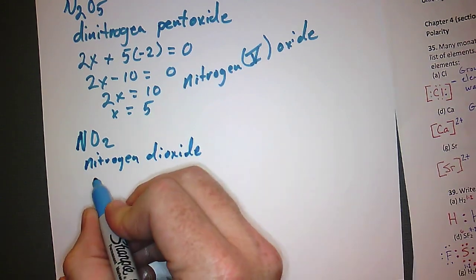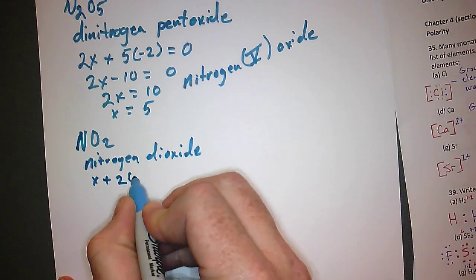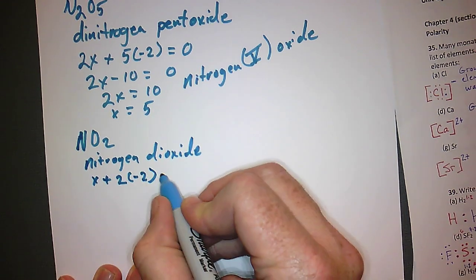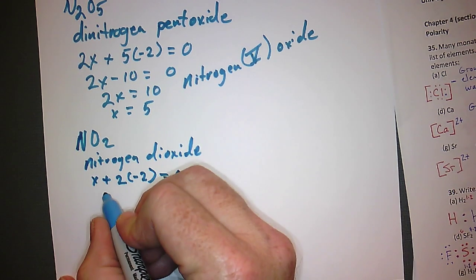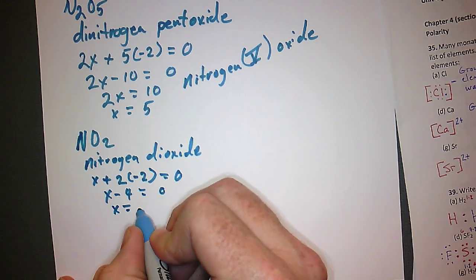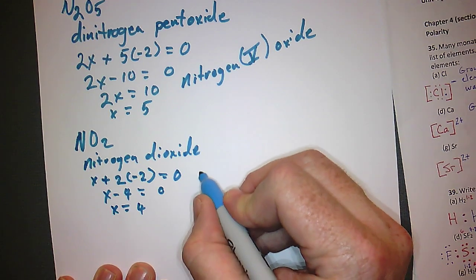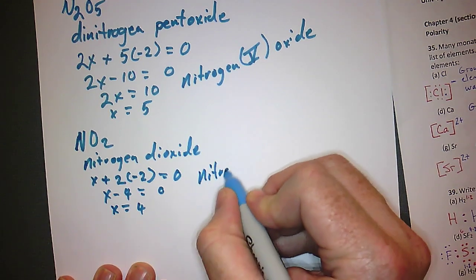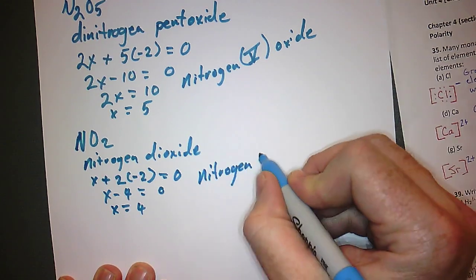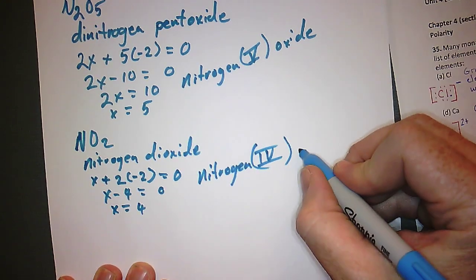Okay, when we do the math, it would just be X plus 2 times negative 2 equals 0. So X minus 4 equals 0. So X equals 4. All right, so what this would be is nitrogen, Roman numeral 4, oxide.